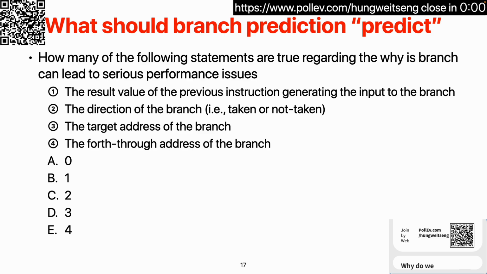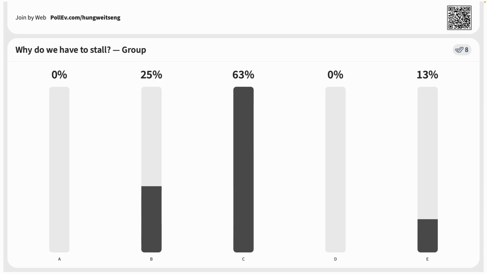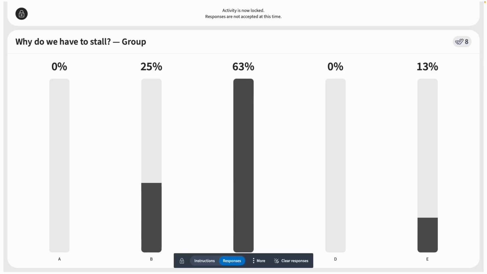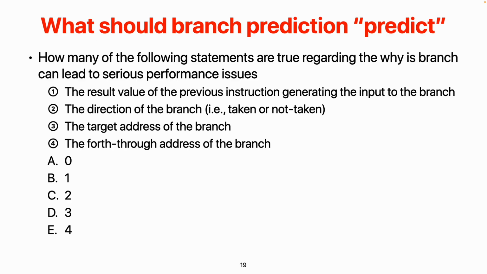All right, let's take a look. So after discussion, okay, there's no change. Some of you insist it's just one, some of you insist there are two. Okay, so at least people agree there's one thing that we need to predict. What is that? 1, 2, 3, 4.